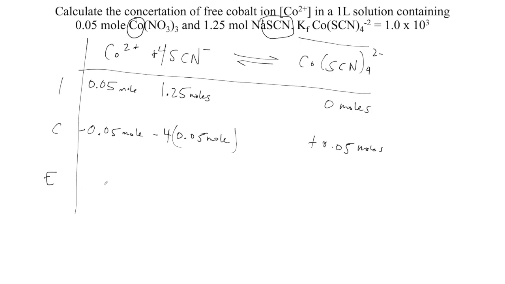So then if we go ahead and sum up all of our columns here, we get 0, 1.05, and then 0.05. So now we know basically this, like we said, is not at equilibrium, but these values will be what we plug in to determine the equilibrium amounts.